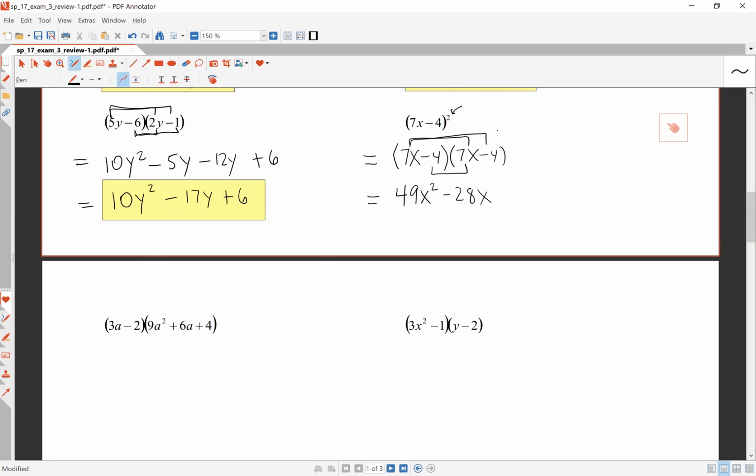Negative 4 times 7x is negative 28x. And negative 4 times negative 4 is positive 16. The middle term gives us 2 of those 28s, which is 56. So we get 49x squared minus 56x plus 16.